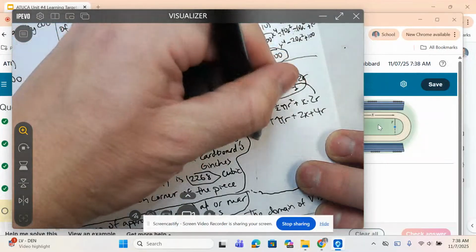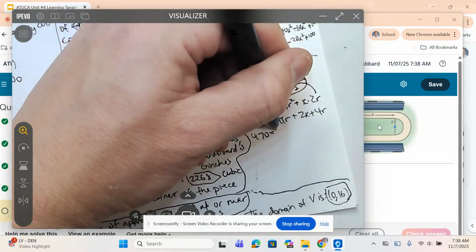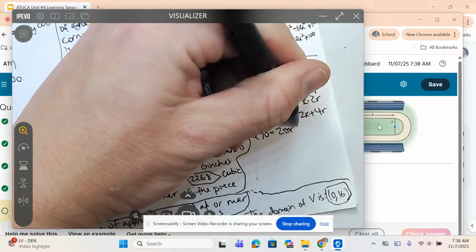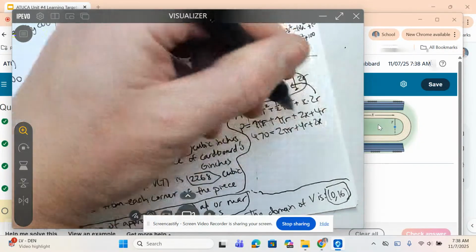So the perimeter is 470. So 470 equals 2 pi r plus 4r plus 2x. And I've got to solve this for x.